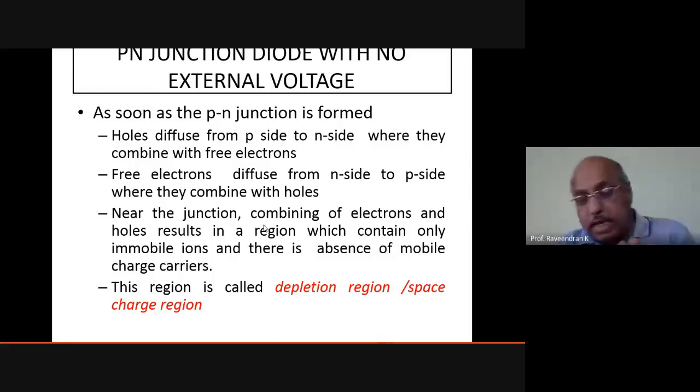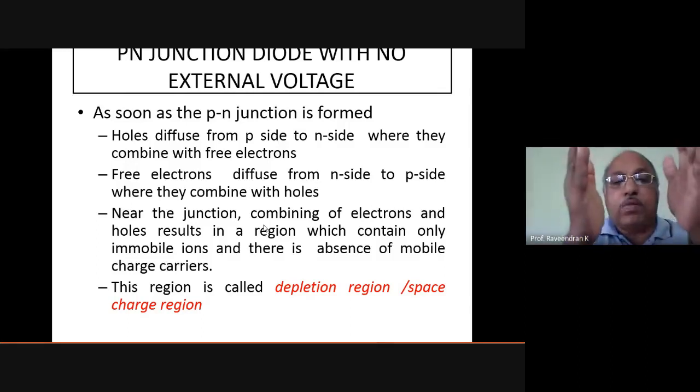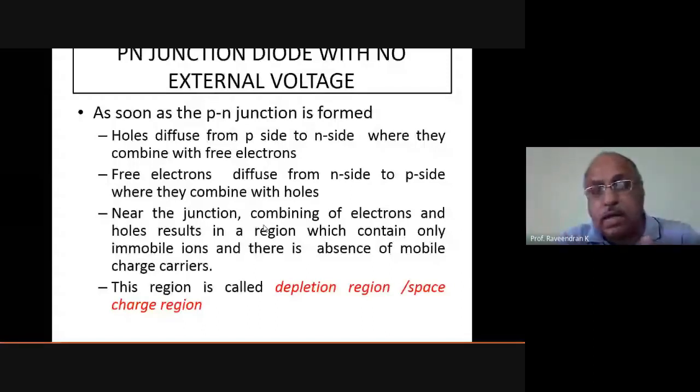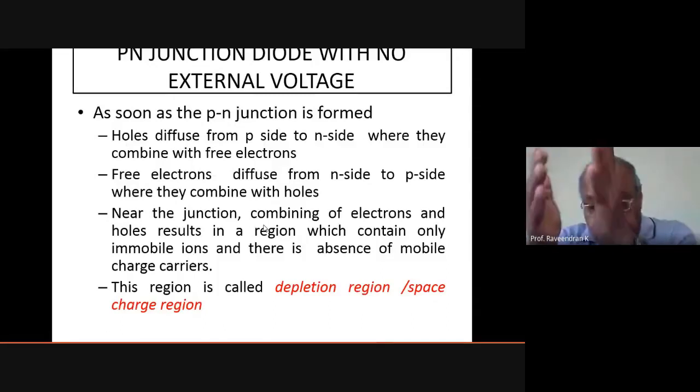When electrons are recombining with the holes in the p side, what happens? There will be negatively charged ions there, that are immobile in nature. When the holes are recombining with the electrons in the n-type material, what happens?